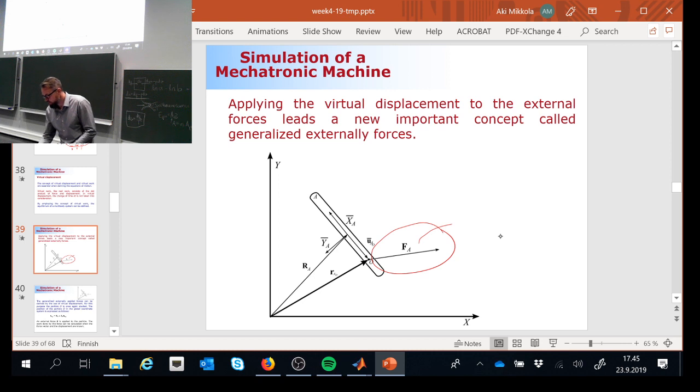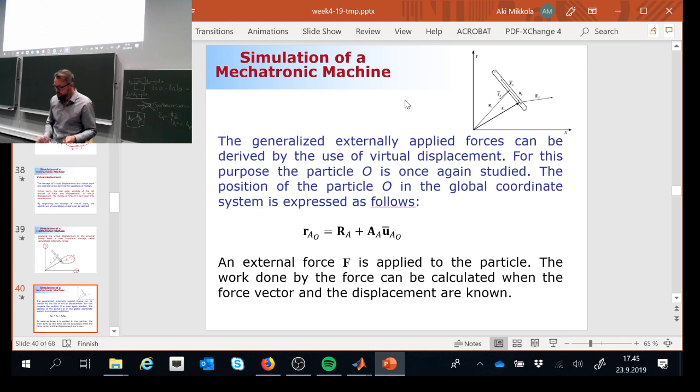So this force will have a projection along the global x and the global y coordinate axis. So it consists of two components. And what I really want to do is express these forces in terms of generalized coordinates. It will be possible with the help of virtual work, and what I need to do in the very beginning is express very exactly where this force is applied in my system.